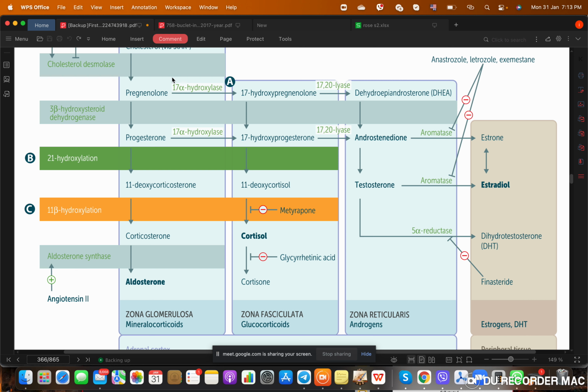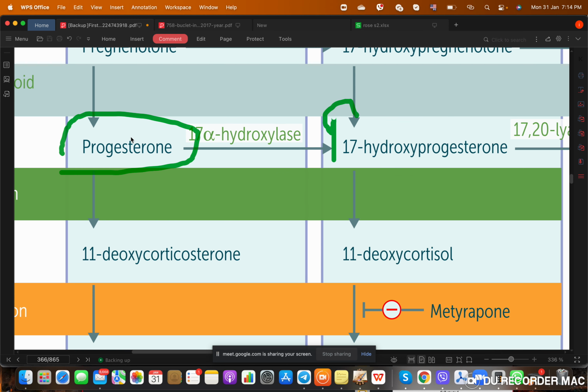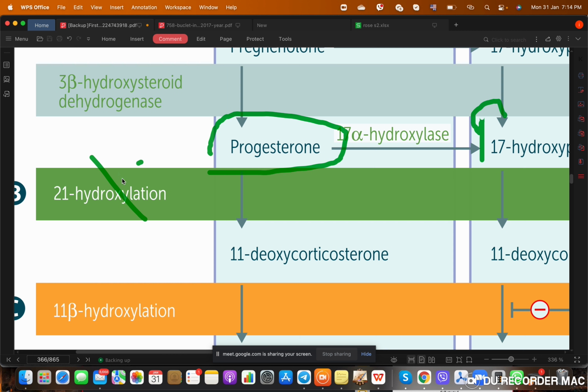So, if I get a 21 hydroxylase deficiency, which substances are going to increase? The answer is 17 hydroxyprogesterone. Well, someone will be like, what about the progesterone? Progesterone seems to be correct. Yeah, but tell me, guys, when you have a defect of this enzyme, do you have a defect of this one?